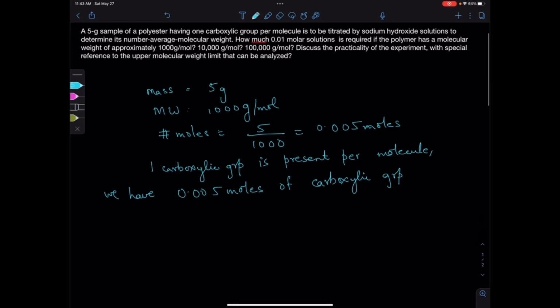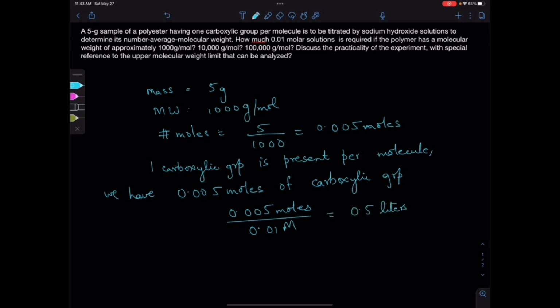To titrate 0.005 moles of carboxylic group using 0.01 molar solution of alkali, we'll need 0.005 moles over 0.01 molar, which is 0.5 liters.